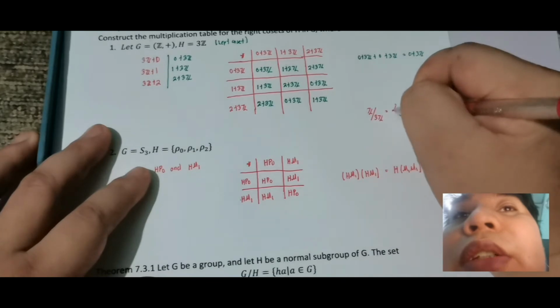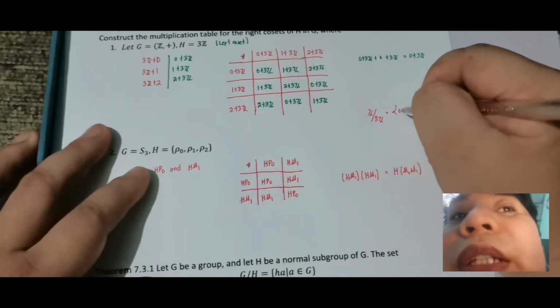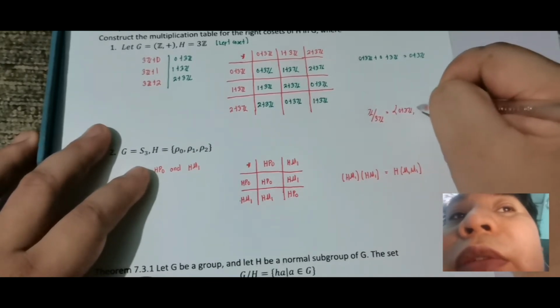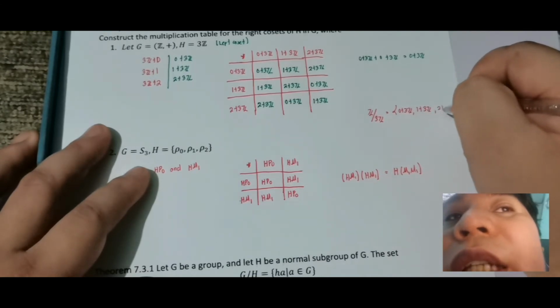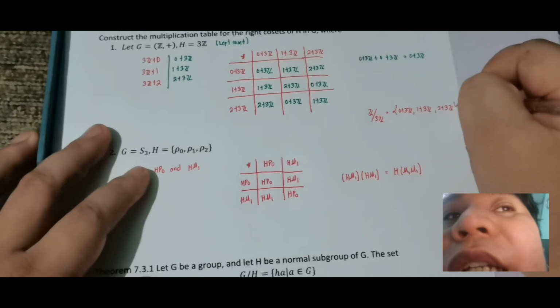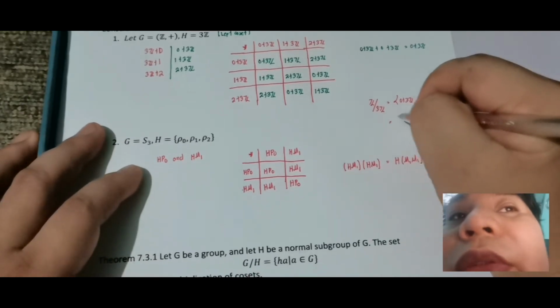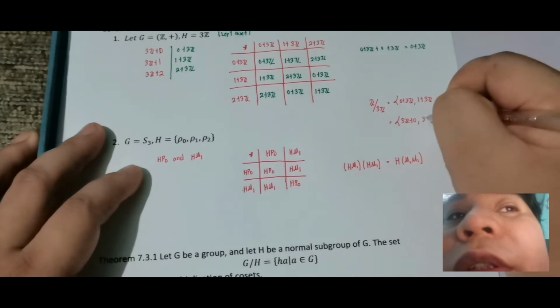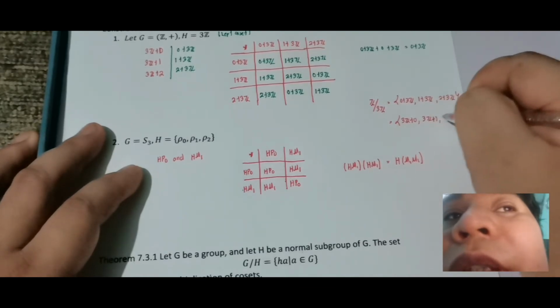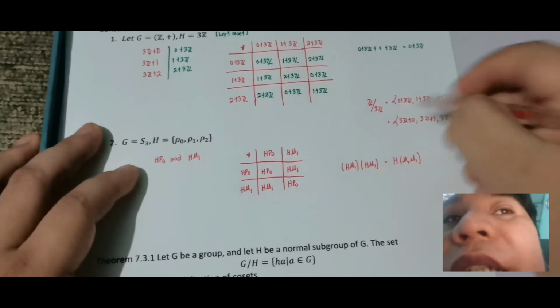Okay, so this is the set containing 0 plus 3Z, 1 plus 3Z, and then 2 plus 3Z, although it still works as written. Okay, it should be this: 3Z plus 0, 3Z plus 1, then 3Z plus 2, then comma, asterisk.